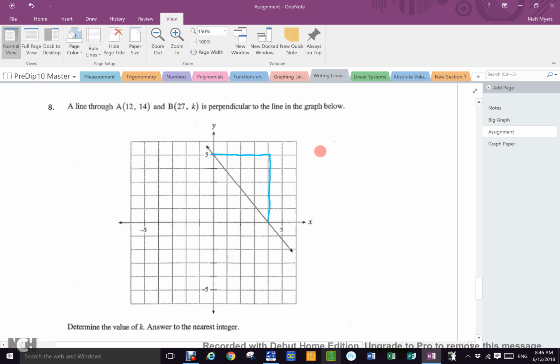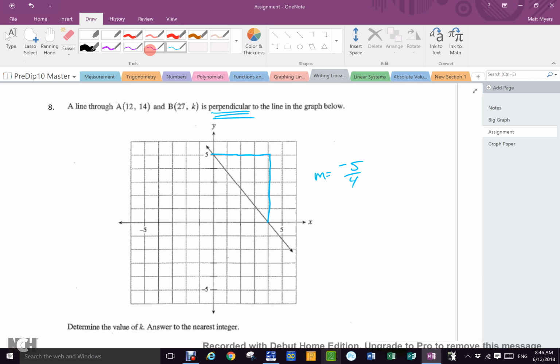So what's the slope? Negative 5/4. Well done. Now, once I know that slope, I need perpendicular to that slope. So what is it? What's the slope I am actually going to be working with? 4/5 has to equal what?